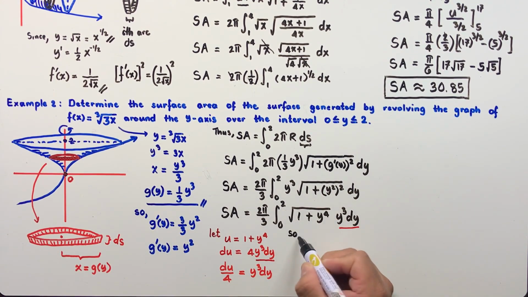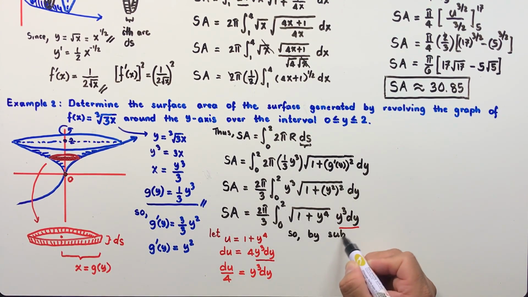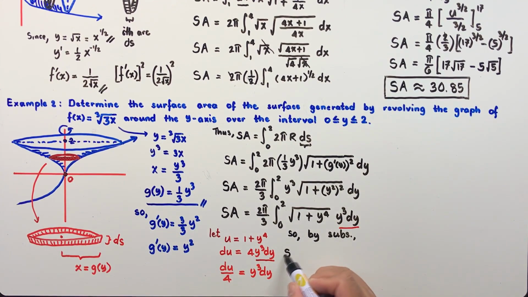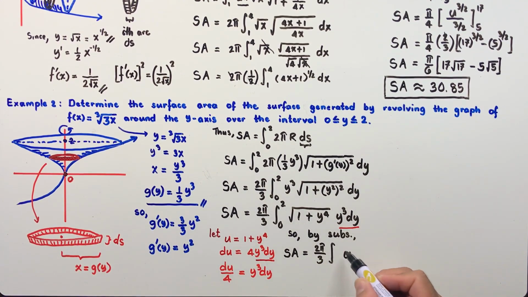So by substitution, we have the whole surface area, which is equal to 2 pi over 3 times the integral of this one, 1 plus y to the 4th. So instead of writing that, I will write u, raised to the exponent of 1/2.